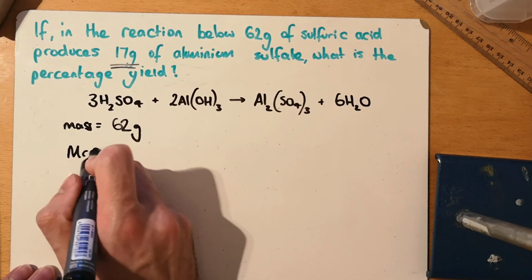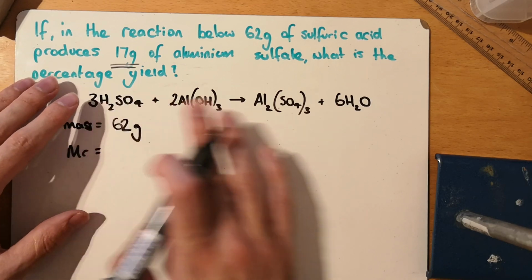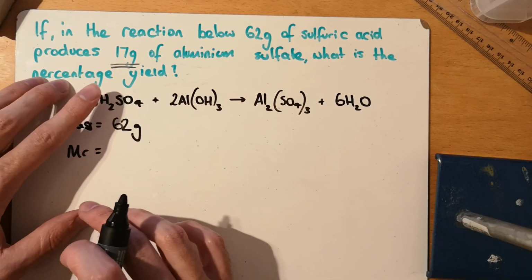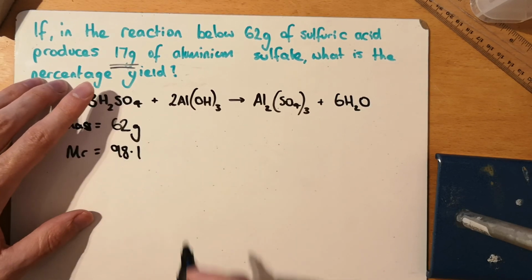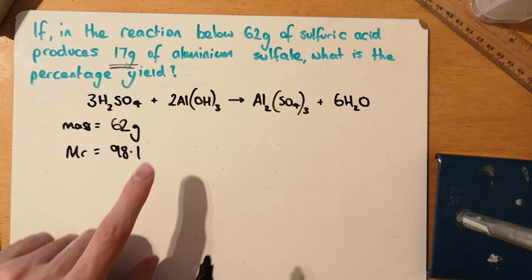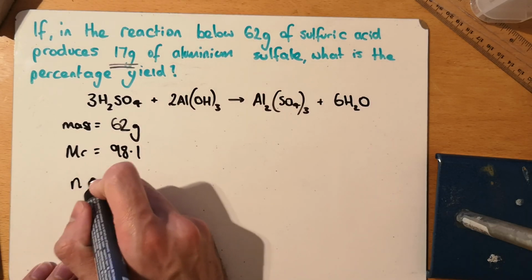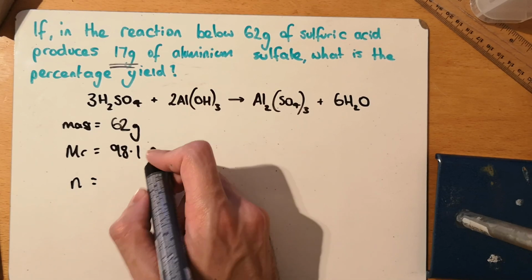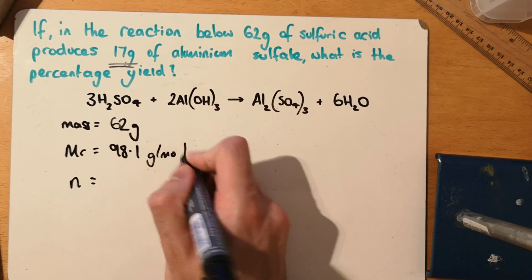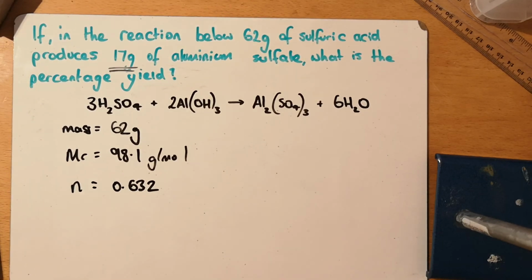We can work out the MR. Now when working out the MR, I'm going to use the numbers later, so I don't include the 3. And that gives me 98.1 of all these added up. So n is mass over MR, 62 divided by 98.1 gives me 0.632.